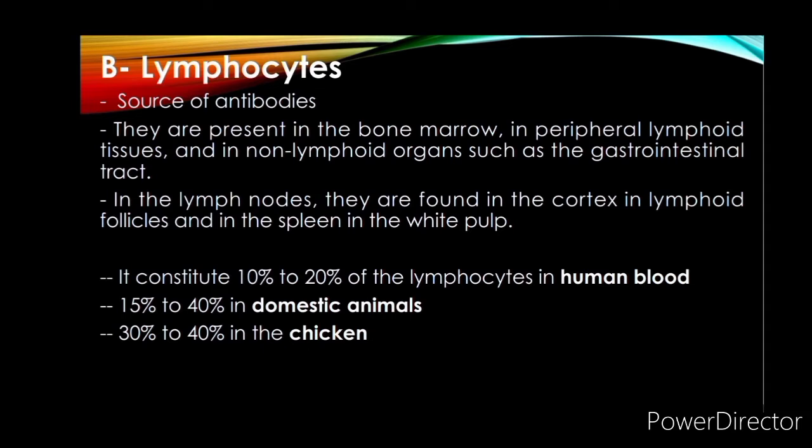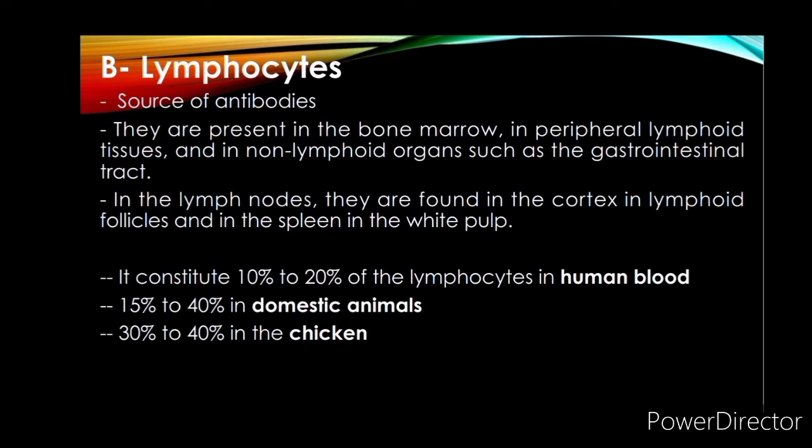So B lymphocytes constitute 10% to 20% of the lymphocytes in human blood and 15% to 40% in domestic animals. In the chicken, these cells constitute between 30% and 40% of the total lymphocyte population.